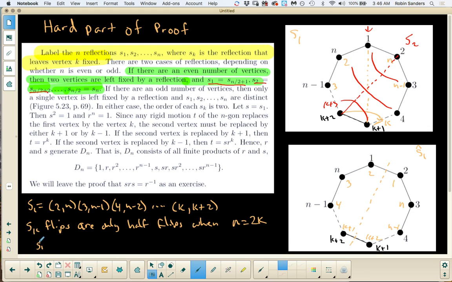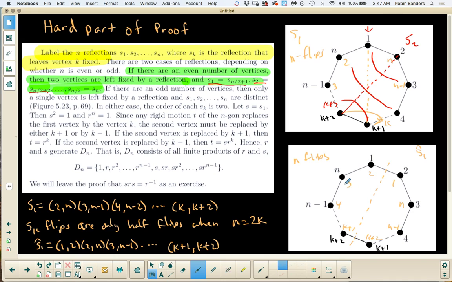So S1 hat is the permutation 1 goes to 2, 2 goes to n, 3 goes to n minus 1, and you keep going until you wind up getting k plus 1 goes to k plus 2. And there are n flips of each of these types. And we saw that last time as well.